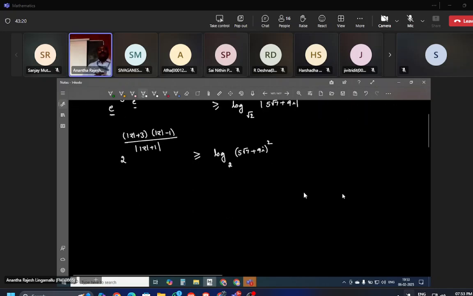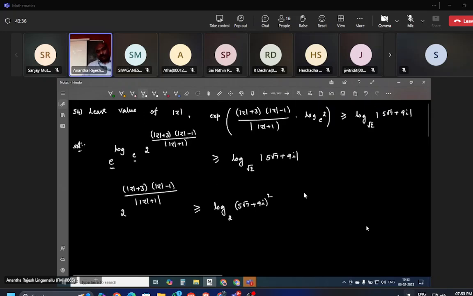How to solve this one? Can we write this one as 2 powers, right? Exponential, what is this? I don't want to see a logarithm there.